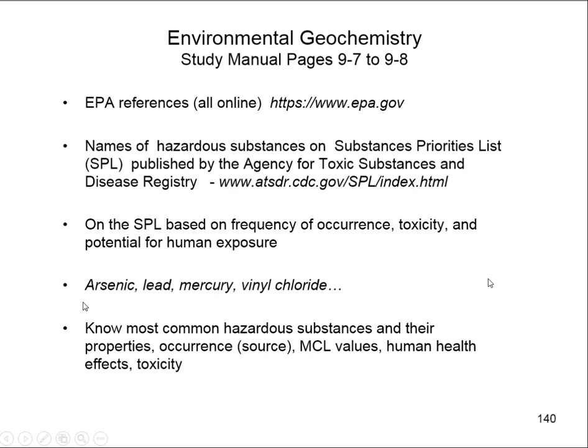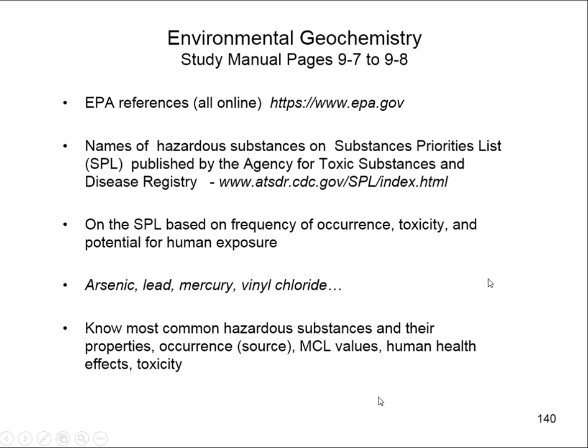So some of them are pretty widespread. Number 4 is vinyl chloride, which is a man-made chemical. Now, what we want to know is things like their properties, what are their MCL values, how do they affect our health, and so on.